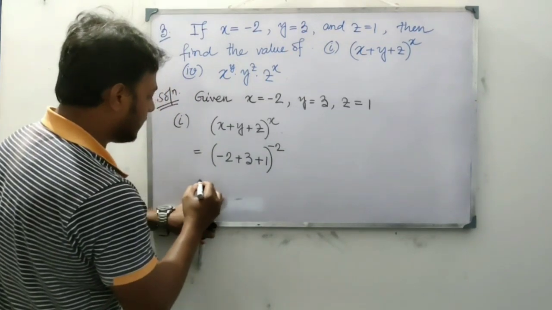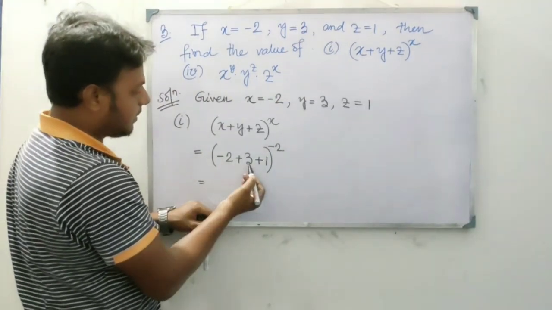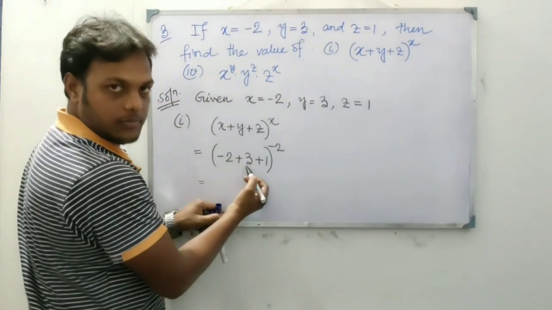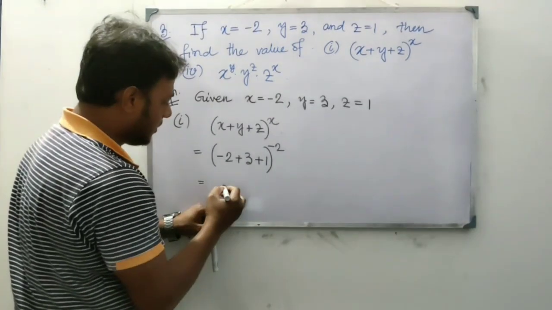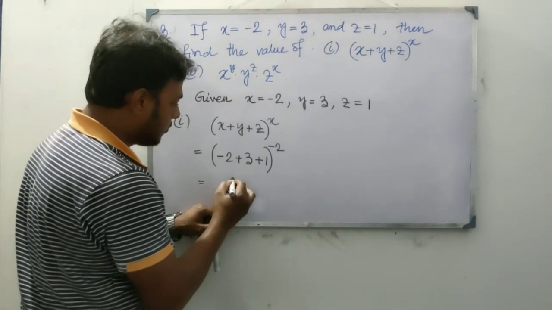Now simplify the value of first bracket. If we simplify the positive only, then 3 plus 1 is 4, 4 minus 2 means 2 only, so 2 to the power minus 2.